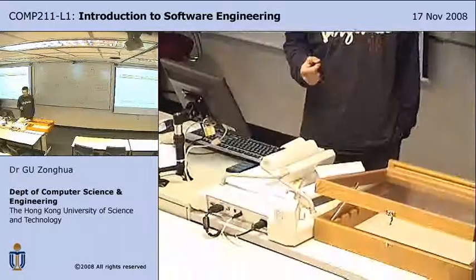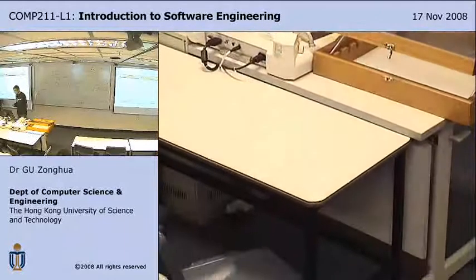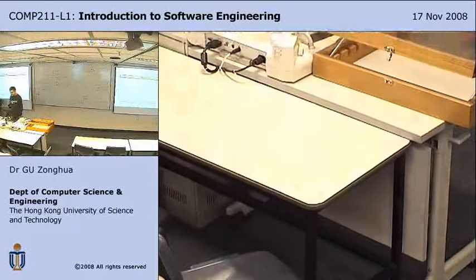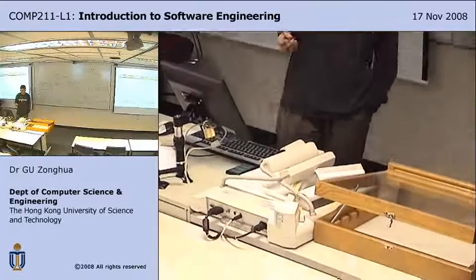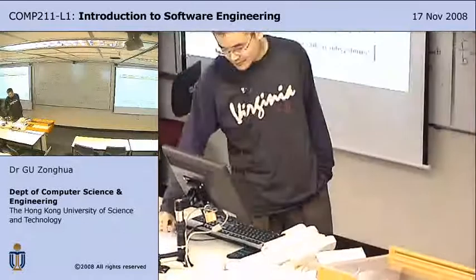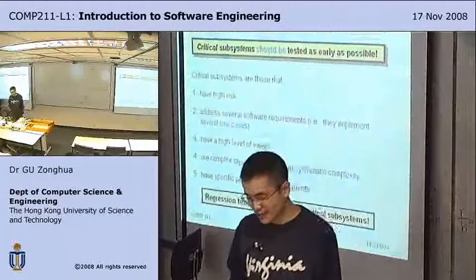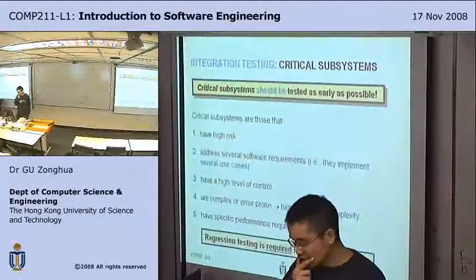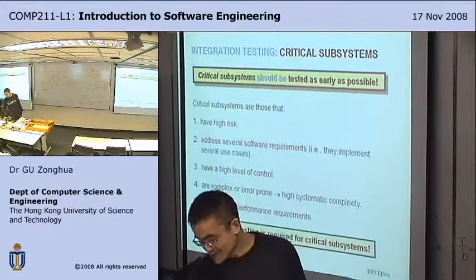So remember, use cases may be implemented by subsystems, while several use cases may all use a common subsystem. Especially, say, the global utility components that's used by everyone else. So has high level of control.